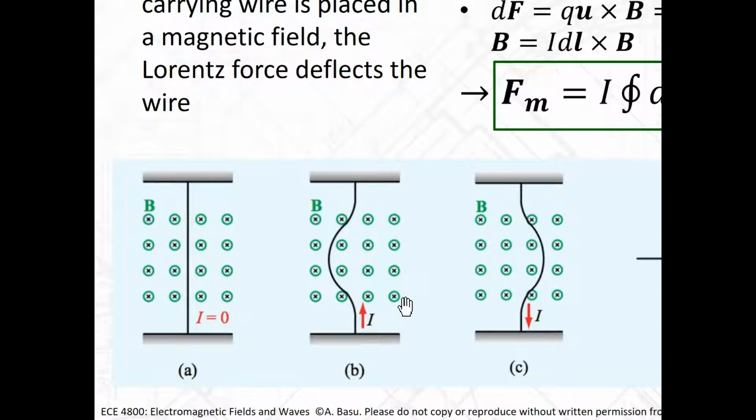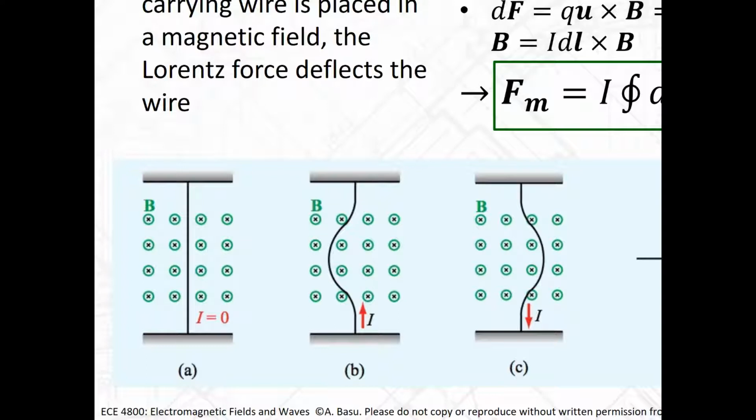So if everyone wants to try their right-hand rule, your index finger. The first example here is where the magnetic field is 0. This black line is a wire. There's a current going through the wire. Actually, in part A, the current is equal to 0. In part B, the current is going up.